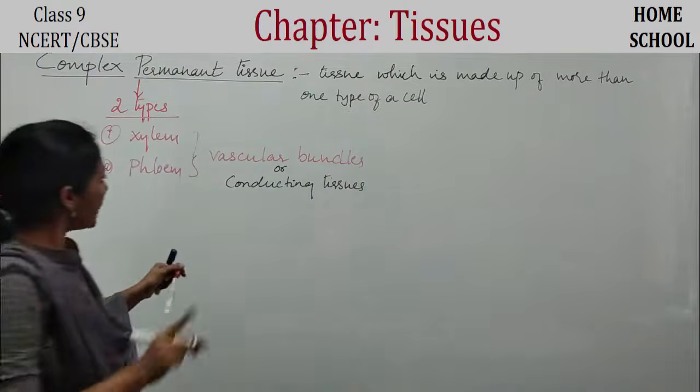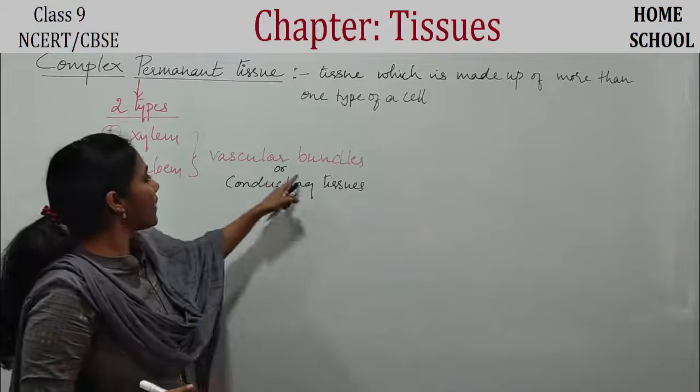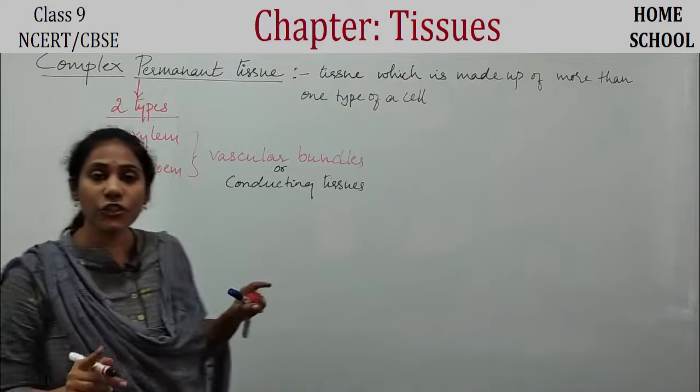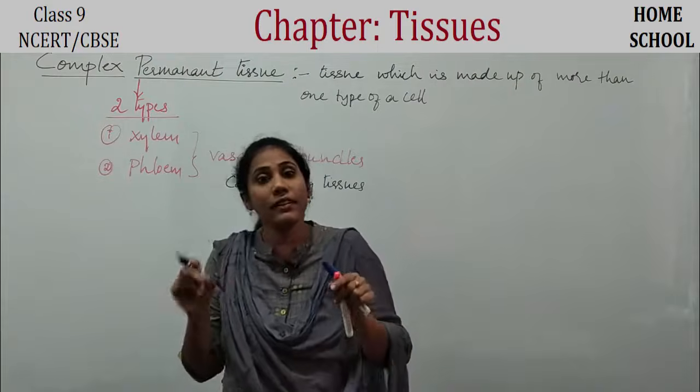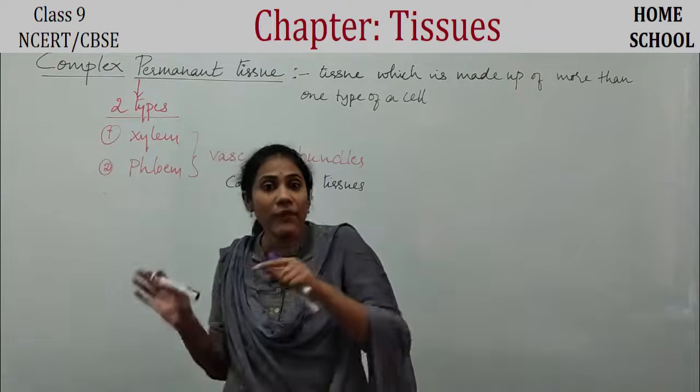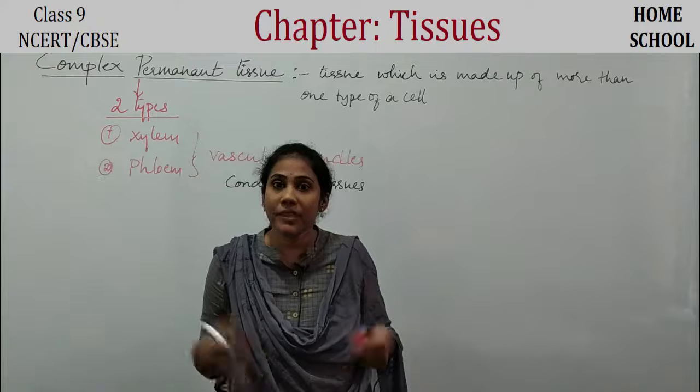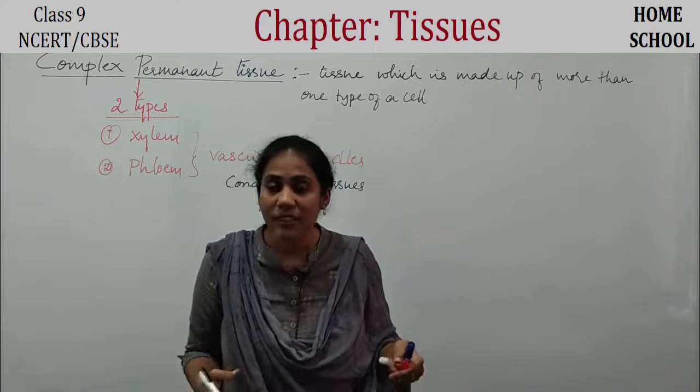Clear? Can you tell me why they are called vascular bundles or conducting tissue? Conducting in the sense what? Passing the materials from one place to another place. This is what we mean by conduction, isn't it?